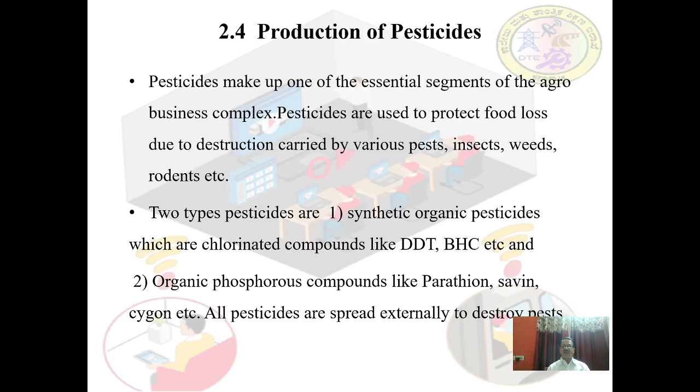Pesticides are used to protect against food loss due to the destruction caused by various pests, insects, weeds, rodents, etc. Two types of pesticides are synthetic organic pesticides, which are chlorinated compounds like DDT, BHC, etc. Second one is organic phosphorus compounds like parathion, sevin, saigon, malathion, etc. All pesticides are spread externally to destroy pests.